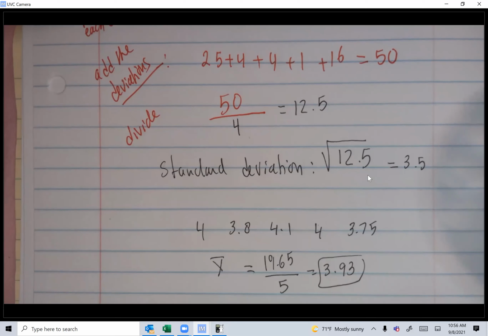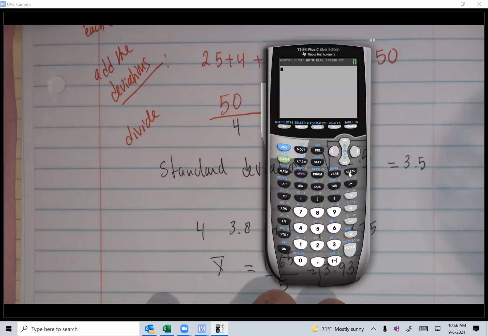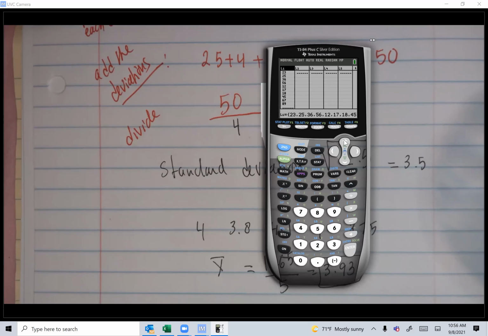And let's show you how to use the calculator now to compute the standard deviation. You ready for that? So first of all, you go to Stat, Edit. I'm going to put the data in L1. Here's how we clear the values in L1, guys. Just move the arrow up and hit clear right here, and then enter.